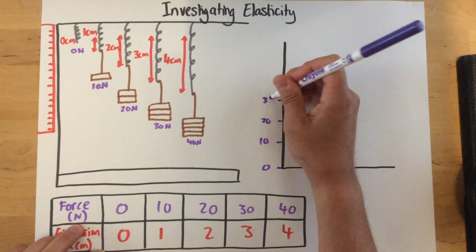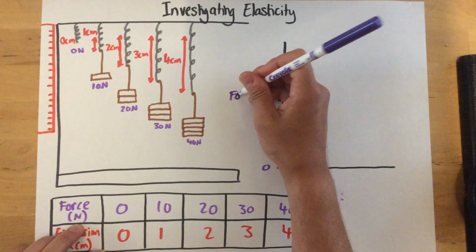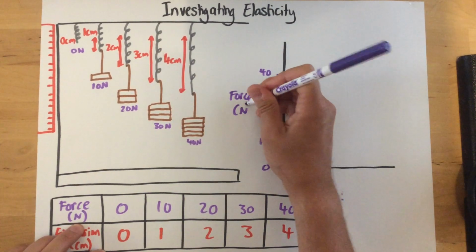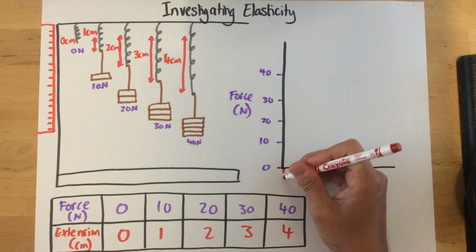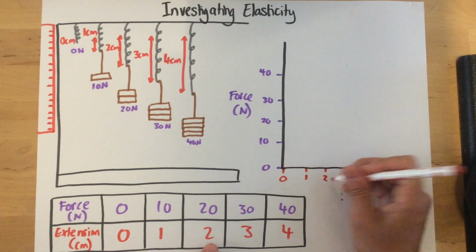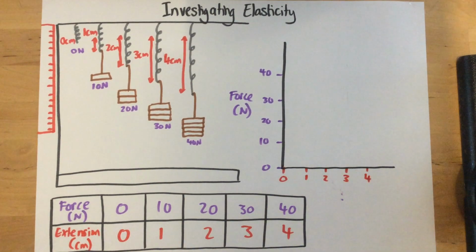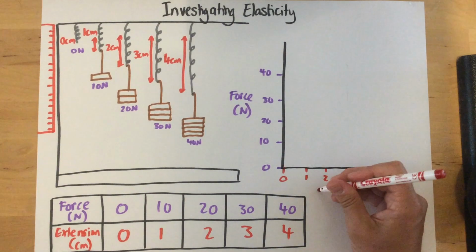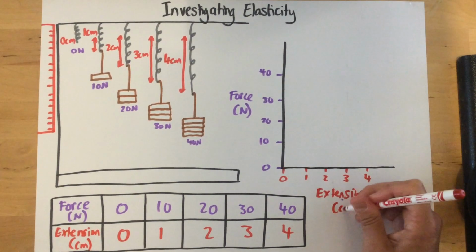One of the reasons behind that is that these graphs can be used to find the spring constant, and it's slightly easier to find the spring constant when it's drawn this way round. So that's why the graph looks a little bit weird, because the independent variable for a change is on the y-axis. Okay, so this is extension in centimeters here.